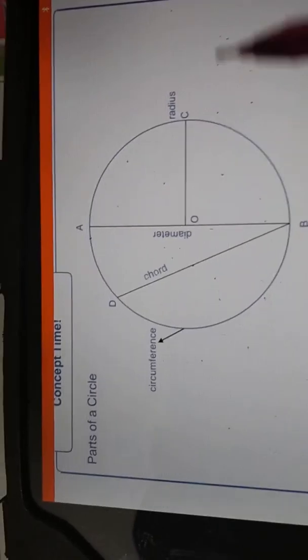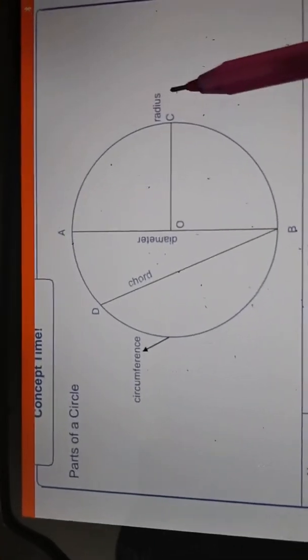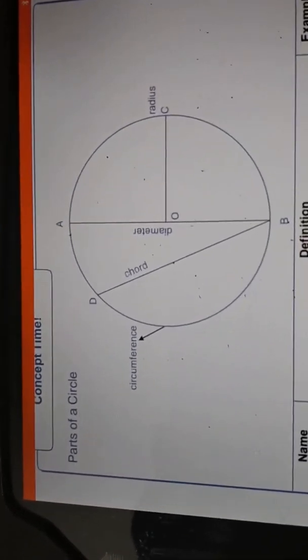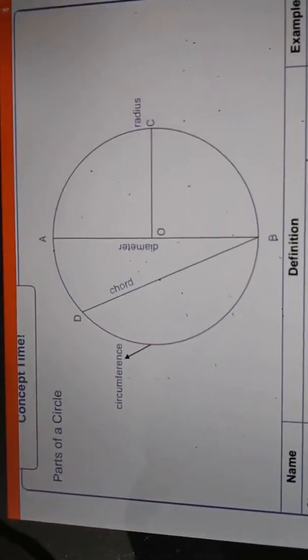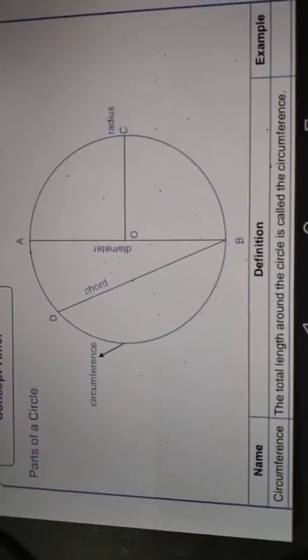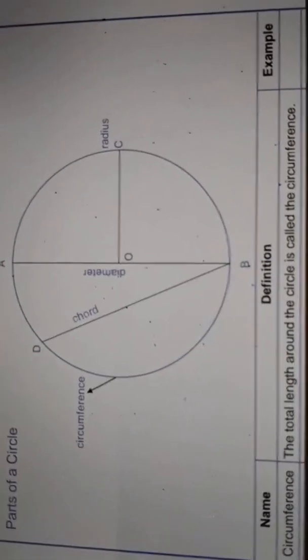Half of the diameter, that's called radius, okay. Now students, I'll give you 1 minute. So you have to draw this in your maths rough book.